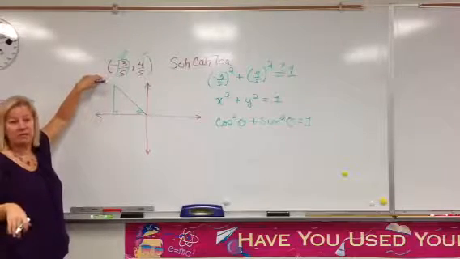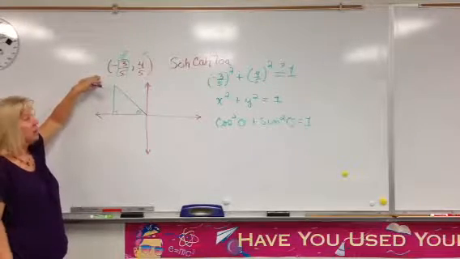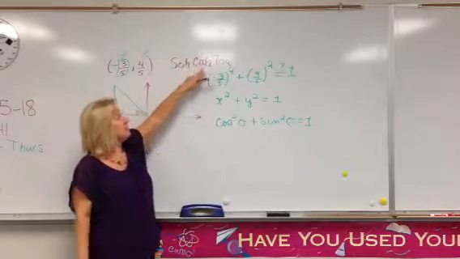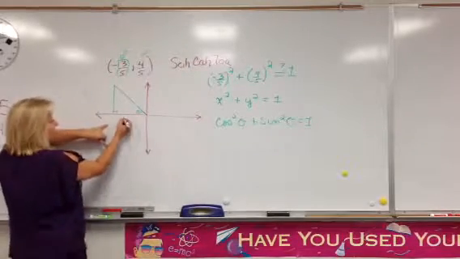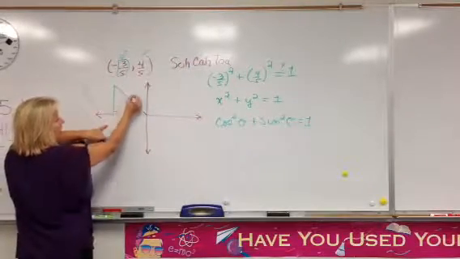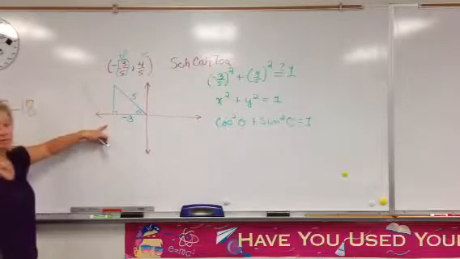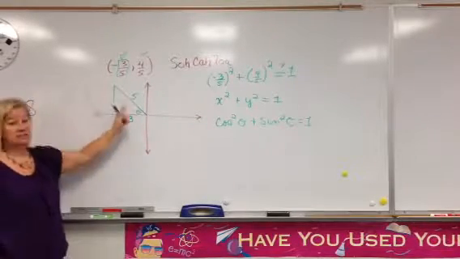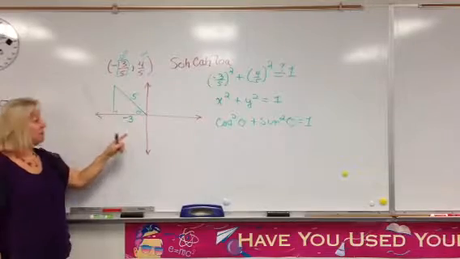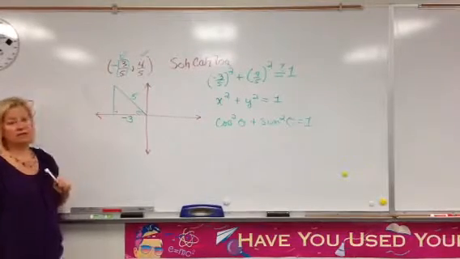Because every time we have a negative in the bottom, we move it to the top. But because this is adjacent over hypotenuse, I know that negative is going to go here and 5 is going to go here. The hypotenuse itself will never be negative. Just your x or your y might be negative.